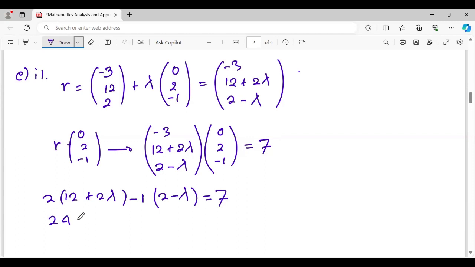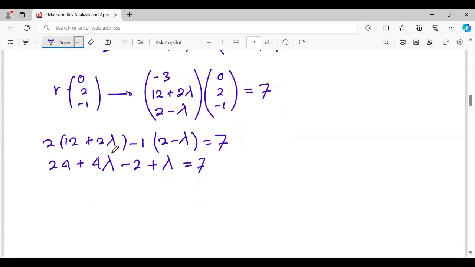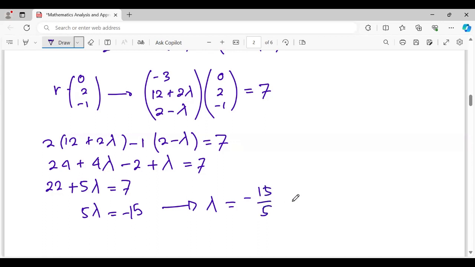So 24 + 4 lambda - 2 + lambda = 7. So 22 + 5 lambda = 7. So 5 lambda = 7 - 22 = -15. So lambda equals -15 over 5, which is -3, the parameter.